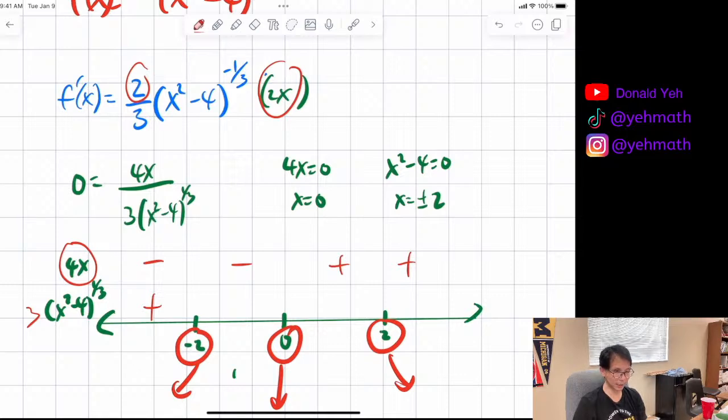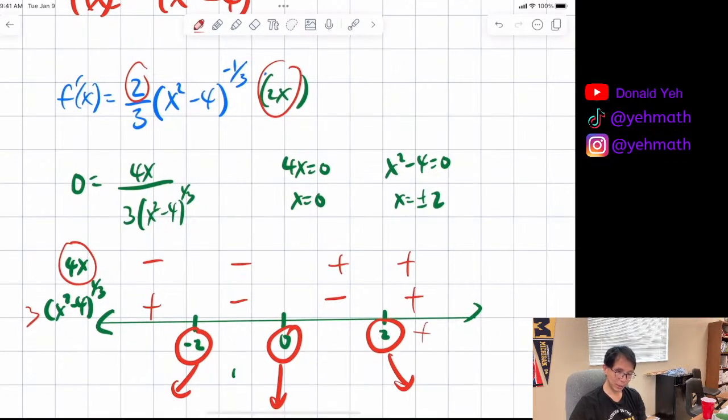That is going to give you a negative. Why? Because if you plug in -1, -1 squared is 1, and 1 minus 4 is -3. -3 to the -1/3 power is a negative number. Same thing for anything less than 2. And this is going to be positive, negative, positive, negative.